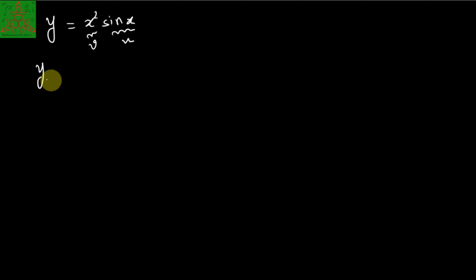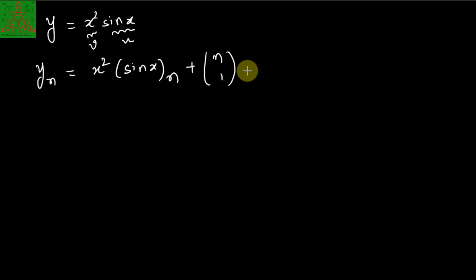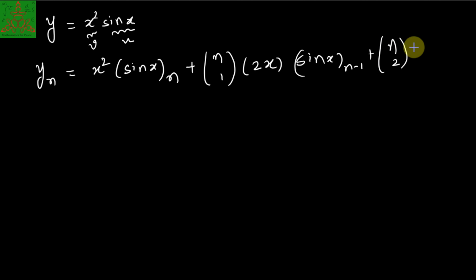So applying the Leibniz rule, we can say this is the nth derivative of x square sin x, that is, nC1, the derivative of x square, which is 2x, then sin x n minus 1th derivative, plus nC2, the derivative of 2x is 2, sin x n minus 2.